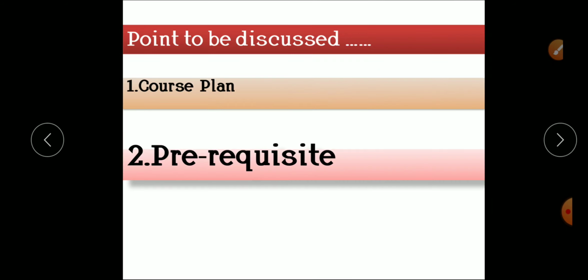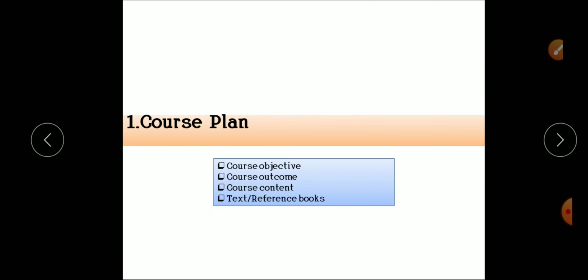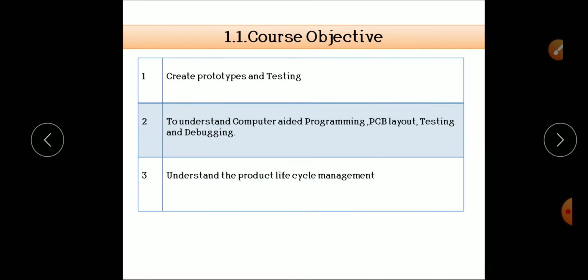The course plan and the prerequisite. So first, the course plan: course objective, course outcome, course content, and the reference books. We can see the course objectives. The first objective is to create a prototype and testing.